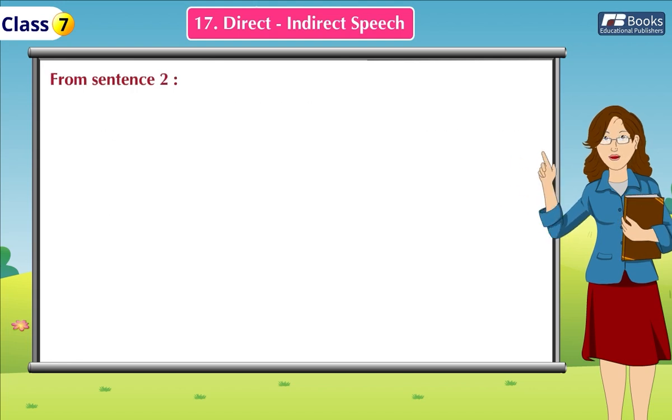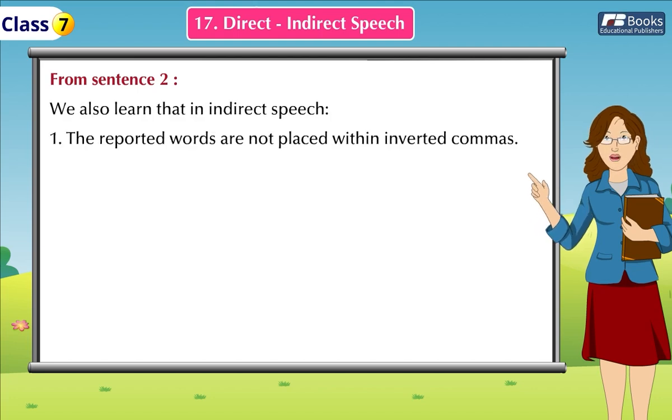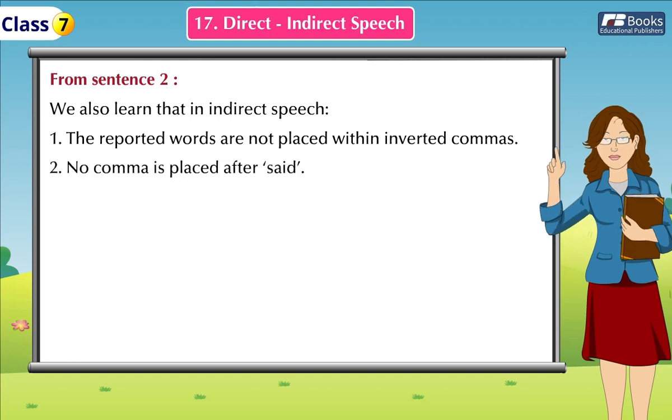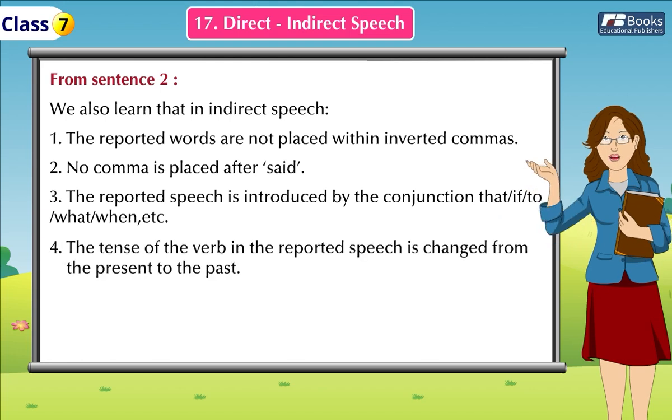From sentence 2, we also learn that in indirect speech, first, the reported words are not placed within inverted commas. Second, no comma is placed after said. Third, the reported speech is introduced by the conjunction that, if, to, what, when, etc. Fourth, the tense of the verb in the reported speech is changed from the present to the past.